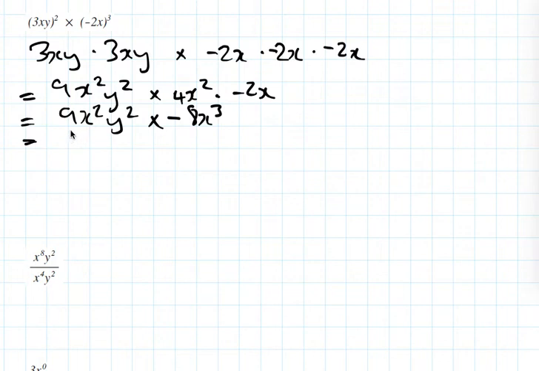So 9 times 8 is 72, and then you've got x squared times x cubed, which is x to the power of 5, and y squared. So 72x to the power of 5 y squared.